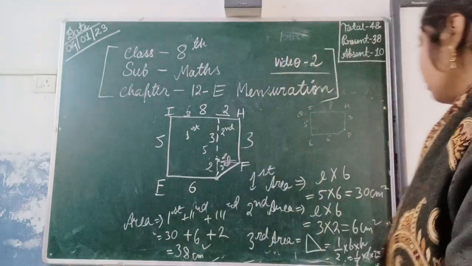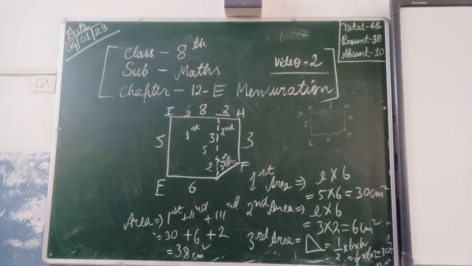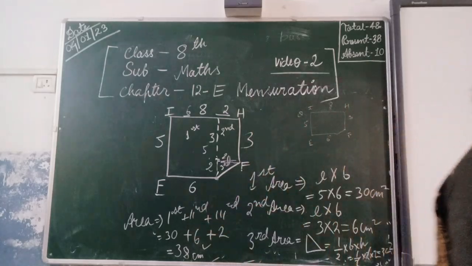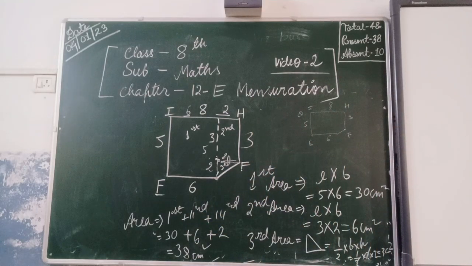Okay. So let us move to the next exercise, that is exercise 20. Okay, note it down. Giving you 2 minutes, you can note it down. After this, we'll move to exercise 20.